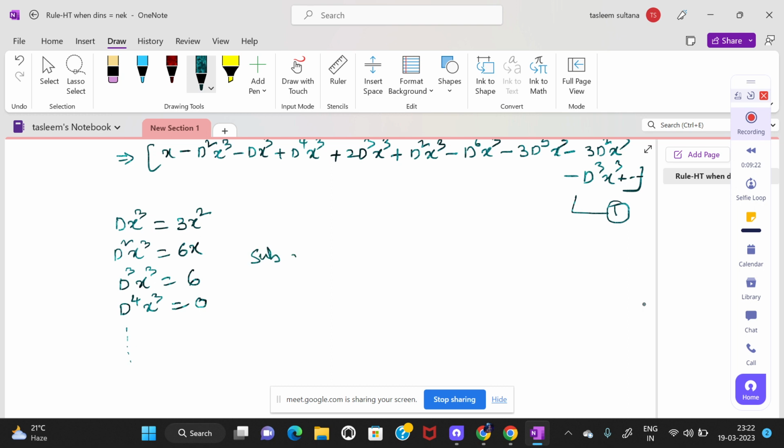Substituting all the above values in equation number 1, what are we going to get? It's x minus d square x cube, value is equal to 6x, minus dx cube, it's equal to 3x square.